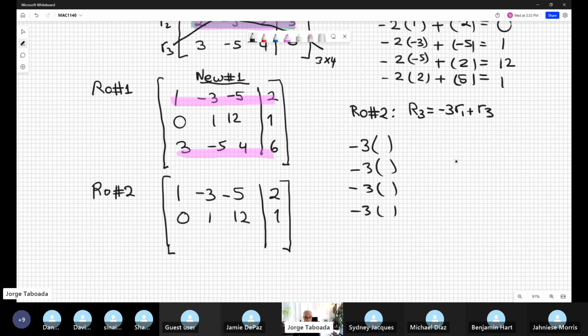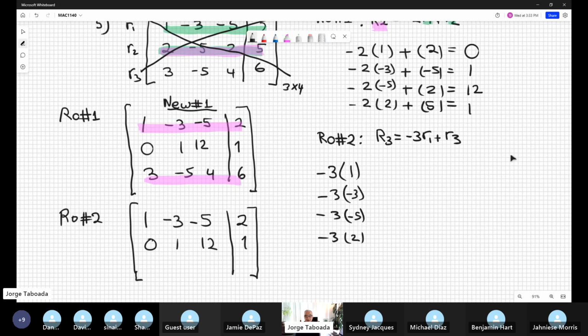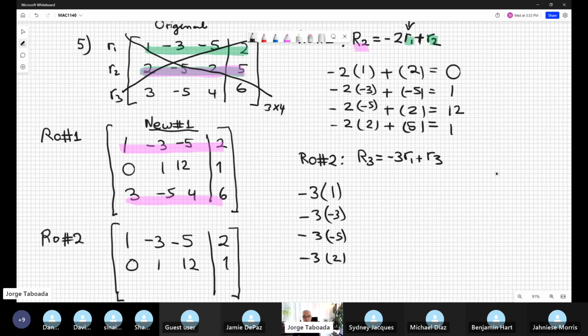Okay, so I copy 1, minus 3, minus 5, and 2. It's the same as the first example, except that there the factor was 2. Now the factor is 3, or minus 3, sorry.